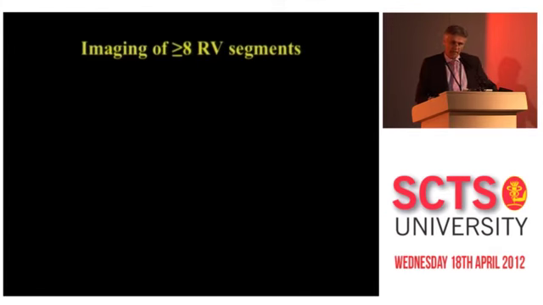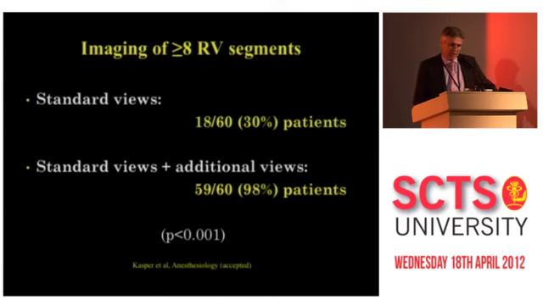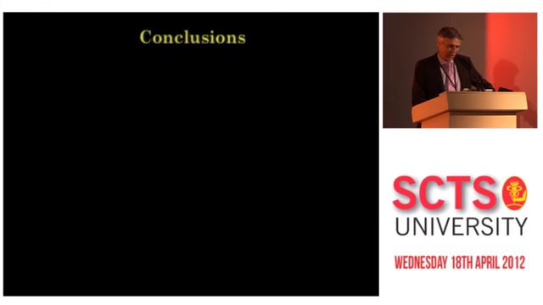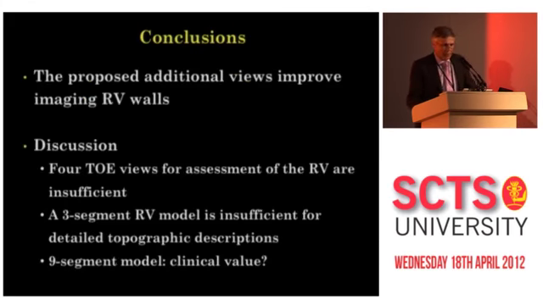And consequently, imaging of 8 or 9 segments of the right ventricle was feasible by the standard views only in 30% of patients, whereas we could do so in all but 1 patient when we combined the standard views with the additional views. So I would like to conclude that the proposed additional views in fact improve imaging of right ventricular walls.